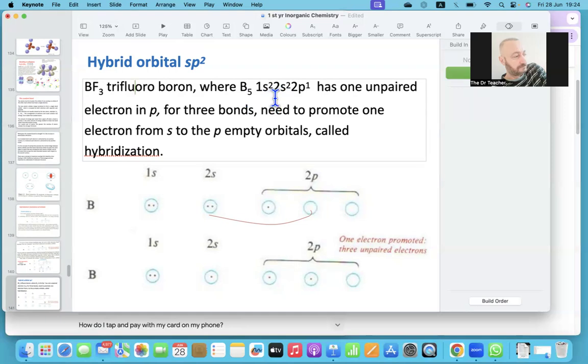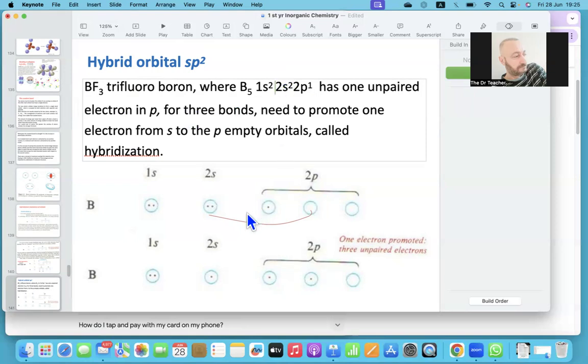Boron has five electrons: 1s2, 2s2, 2p1. We don't care about 1s2. We care about the valence electrons. So we have 3 electrons in the outer shell responsible for bonding. This single electron is easy to form a single bond with one F. But what about 2s2?